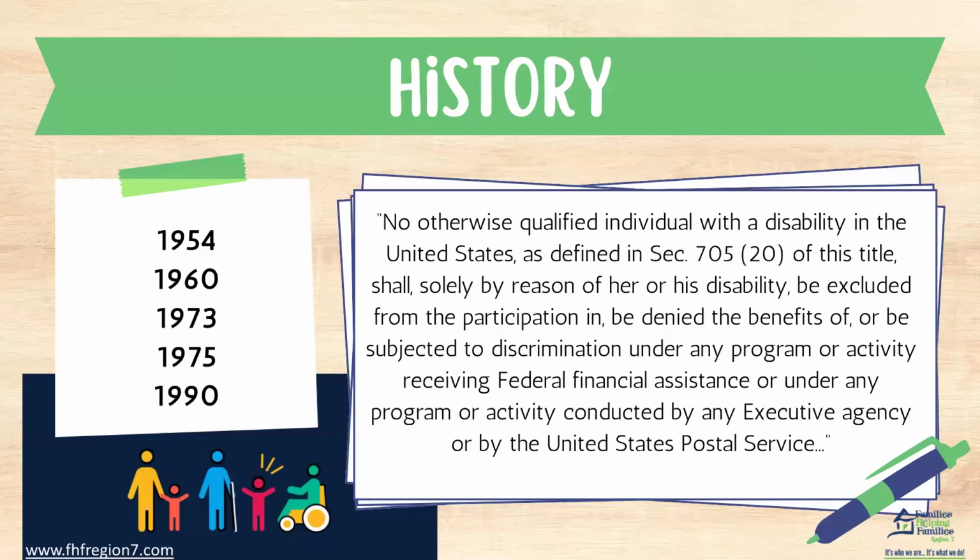I first want to touch on a bit of history. In 1954, the U.S. Supreme Court issued a landmark civil rights decision in Brown versus Board of Education. In Brown, school children from 4 states argued that segregated public schools were inherently unequal and deprived them of equal protection under the law.